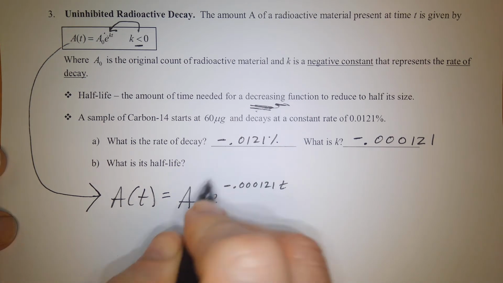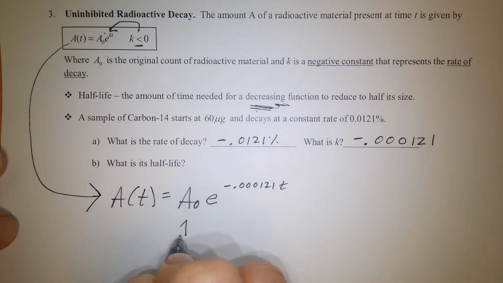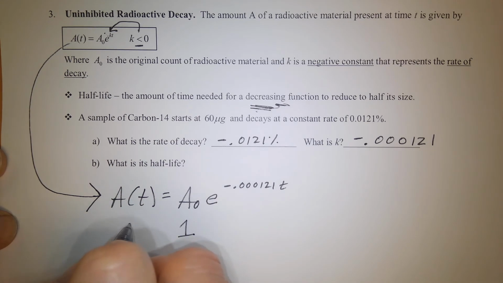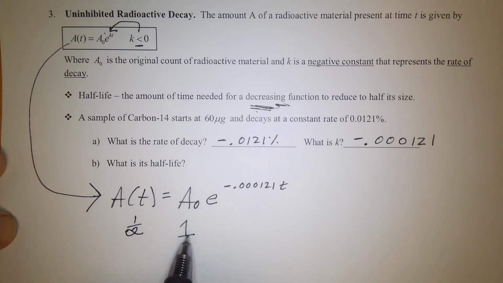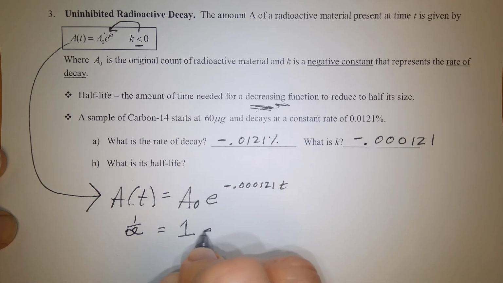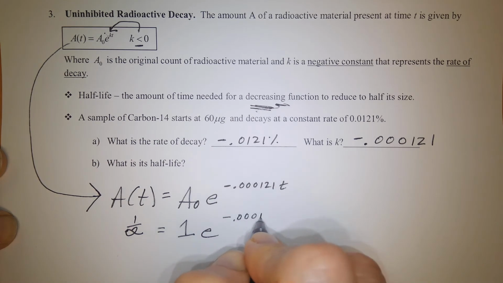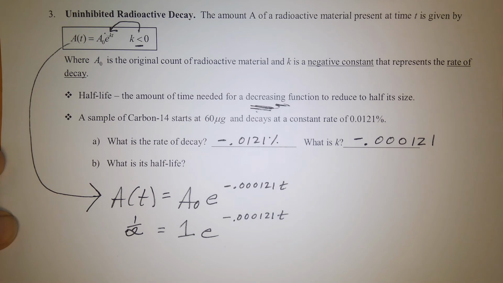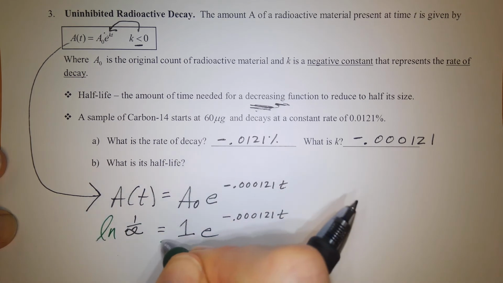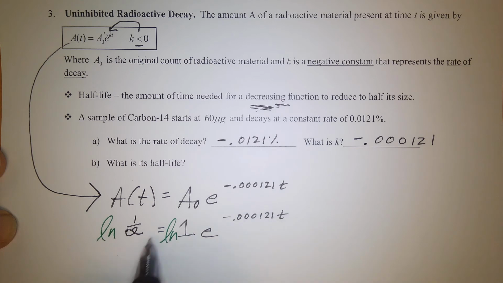So what we want to do is plug in some values for the initial amount and the future amount. So if I start with 1, I want that 1 to now decrease to half of its size. And what would t need to be in order to make that come true? Well, remember, what I want to do here is solve for t. So to solve for t, I'll take natural log of both sides so I can bring that t down in front.